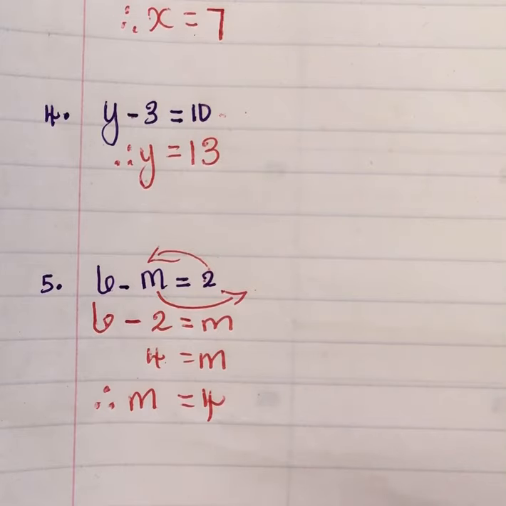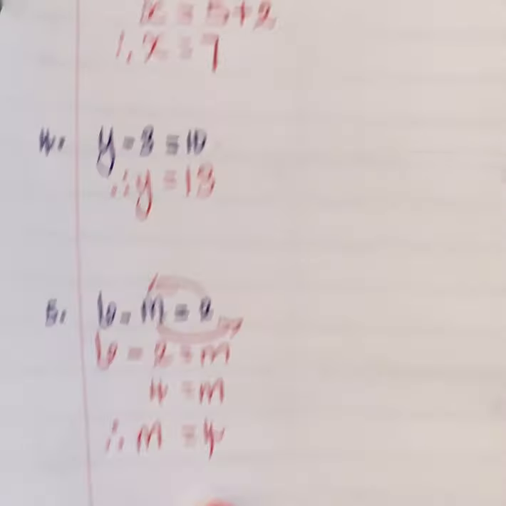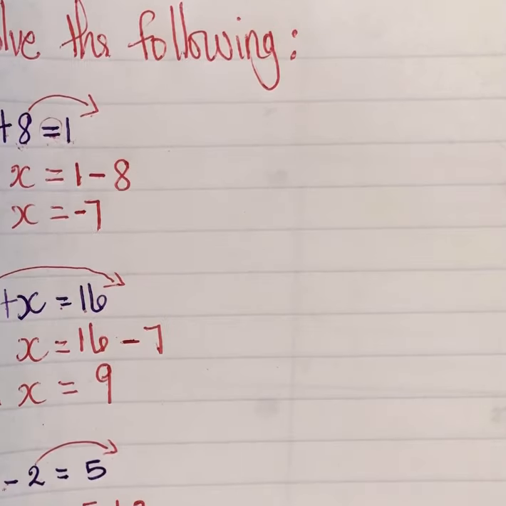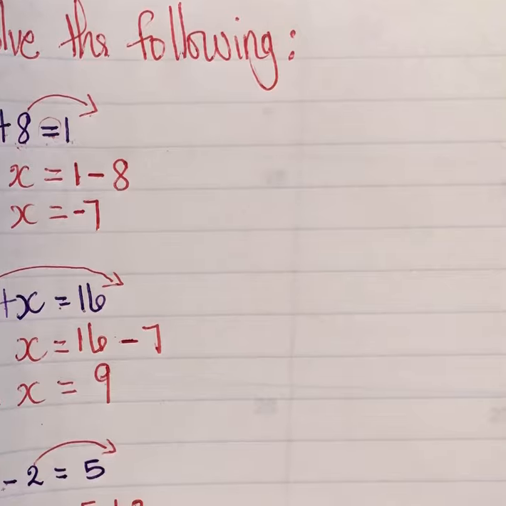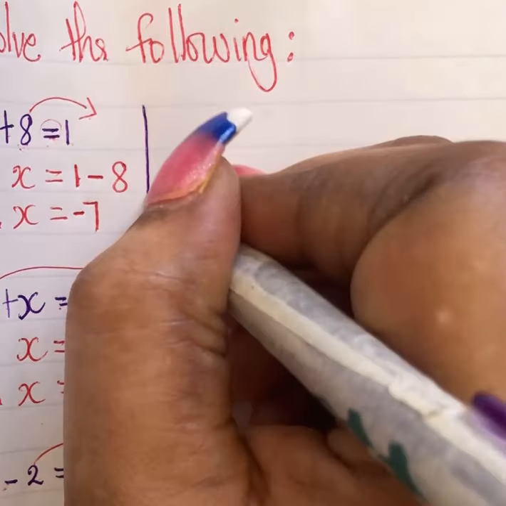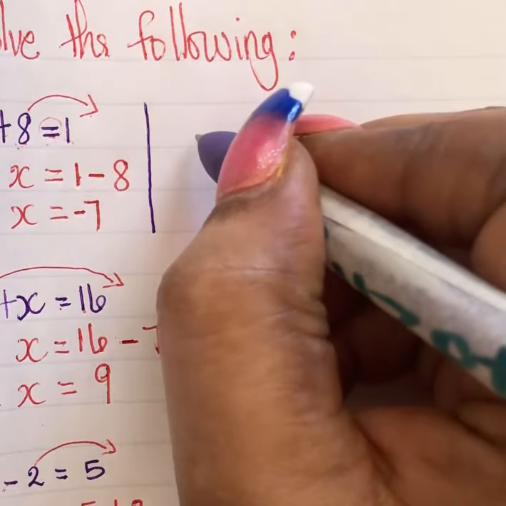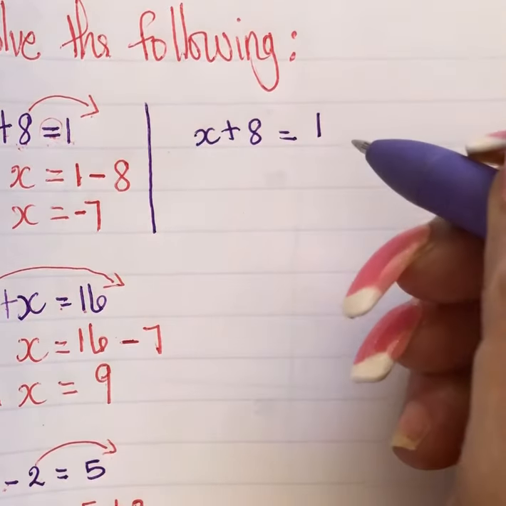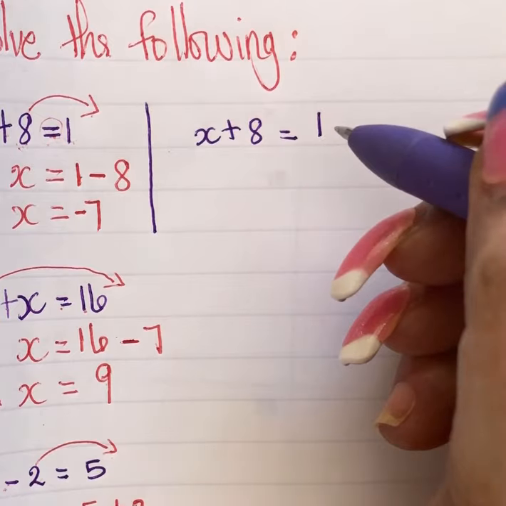Pause, review, reflect, and then you ask your questions. Bear in mind, this is just one of the ways of solving these equations, as I can show you from question 1. Here is another way of solving this exact same equation, x plus 8 is equal to 1.